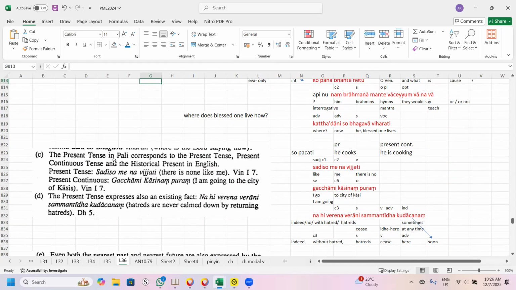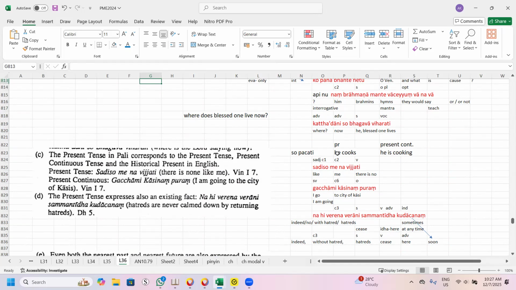Okay, let me see. C is okay. The present tense in Pali corresponds to two English tenses, because in English you see there are two present tenses. He cooks. He is cooking. Both of them. This is present tense. This is present continuous tense. So you see the word here is so pachati.